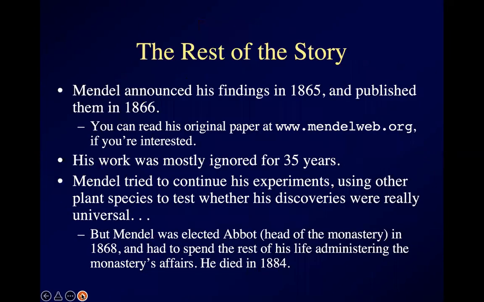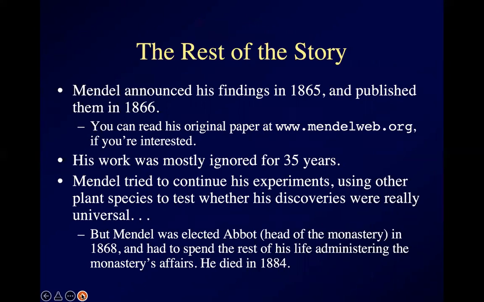Okay, so Mendel announced his findings in 1865, and he published them in 1866. He published them in a scientific journal. Remember that when scientists make discoveries, they usually don't go straight to newspapers. They usually don't write books.